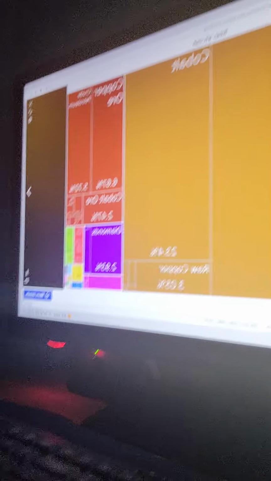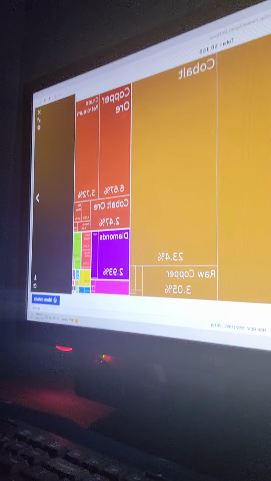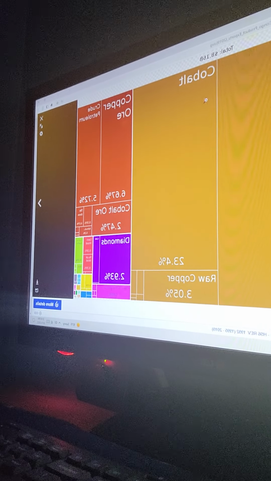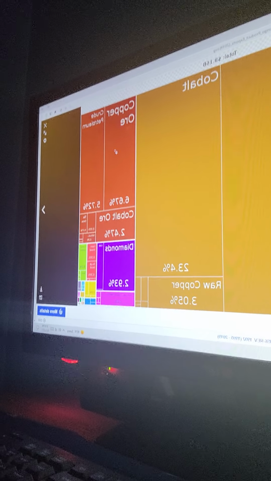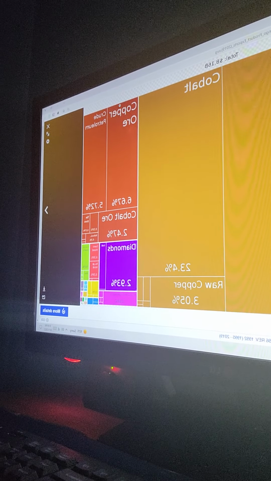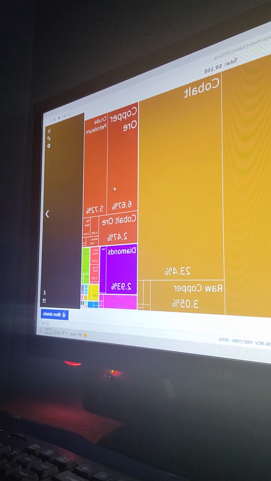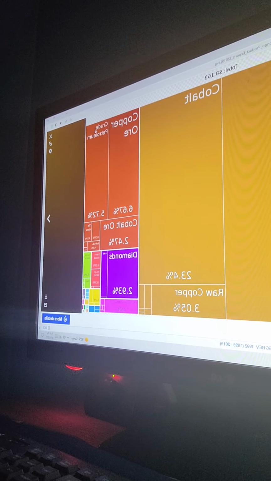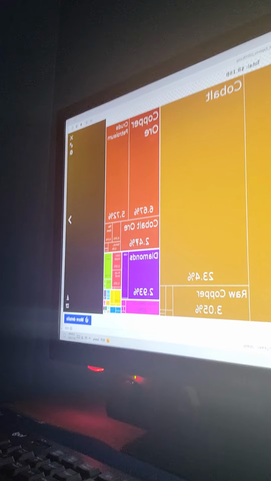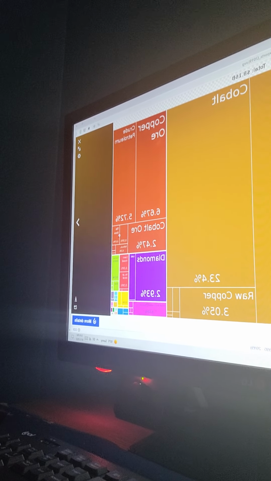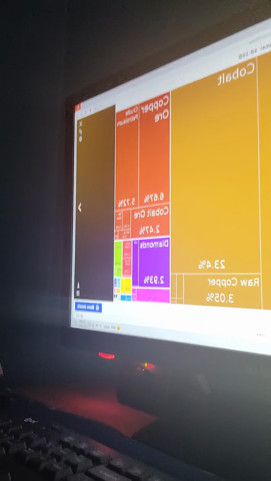And there's refined copper, which is 49.8% of the exports, and cobalt, which is 23.4%. Raw copper is 3.05%. And copper ore is 6.67%. And crude petroleum, which is 5.72%. Copper ore is 2.47%. And 0.39 is none.